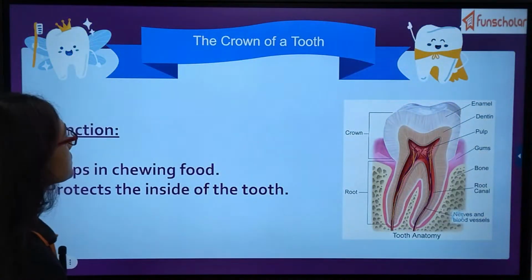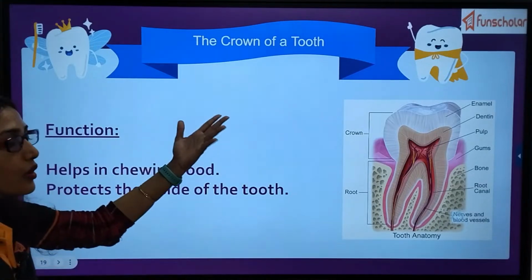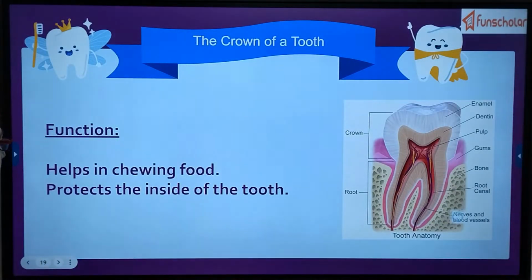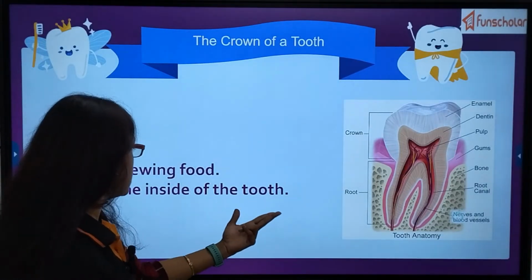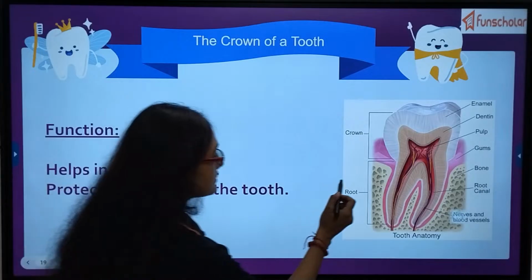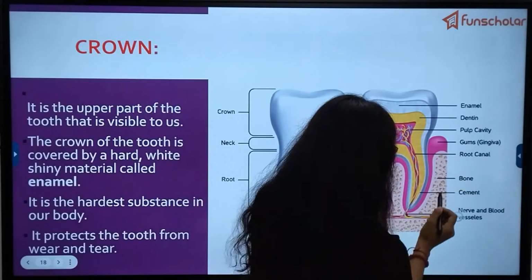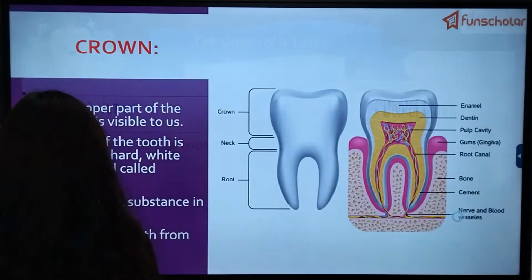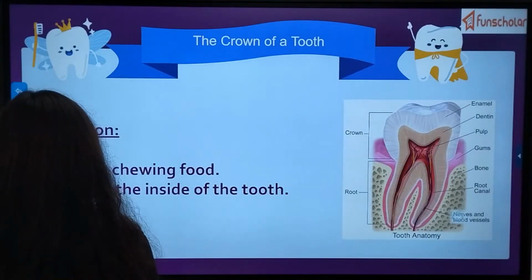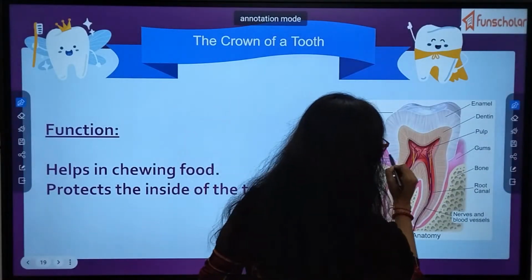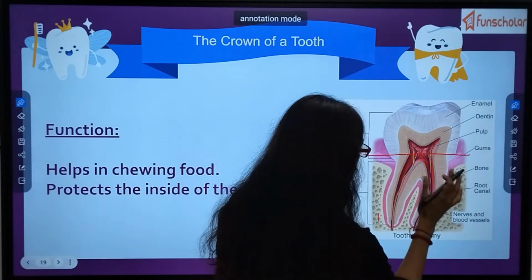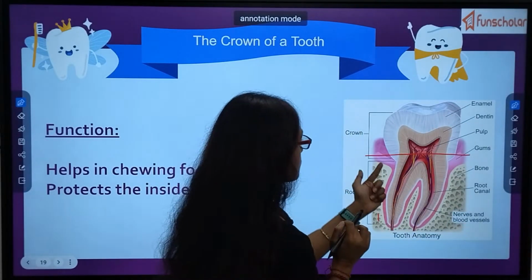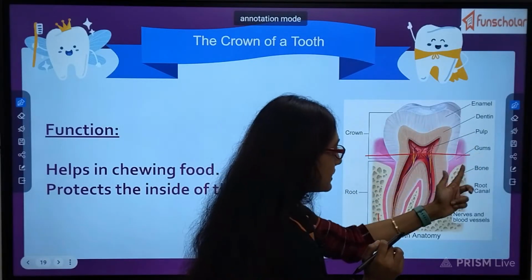So what is the function of the crown or any teeth? The main function is chewing the food and protecting the tooth from inside. Since only this part is visible to us and the rest is embedded within the gums, the crown protects the teeth.